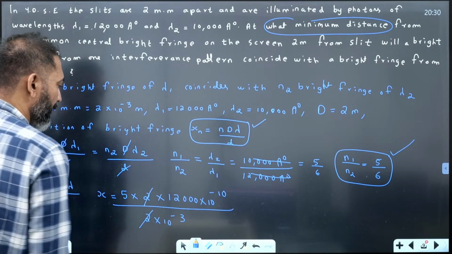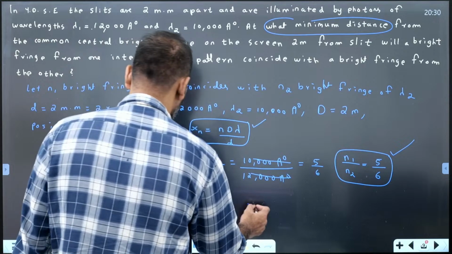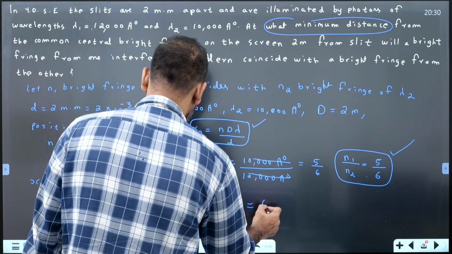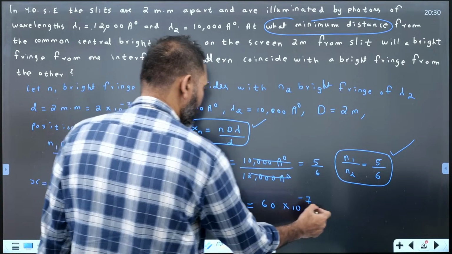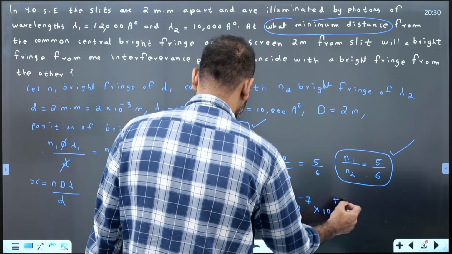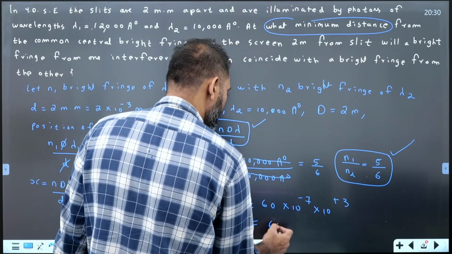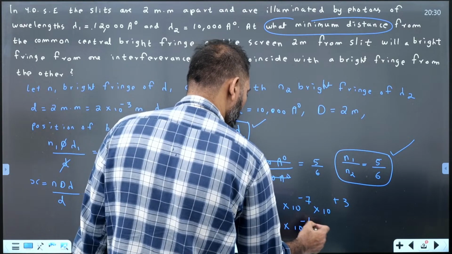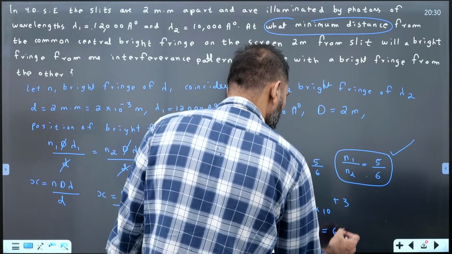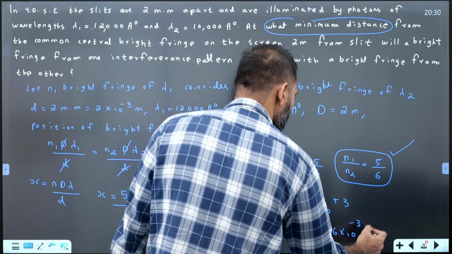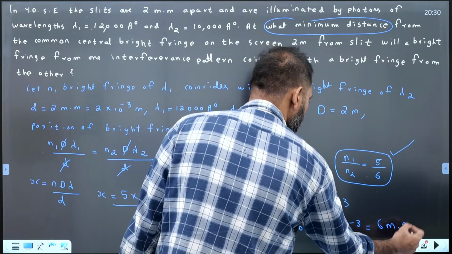So 2 is gone. 5 into 12 is 60, into 10 raised to minus 7, into 10 raised to plus 3, so 60 into 10 raised to minus 4. That is 6 into 10 raised to minus 3. That is 6 millimeter, the answer.